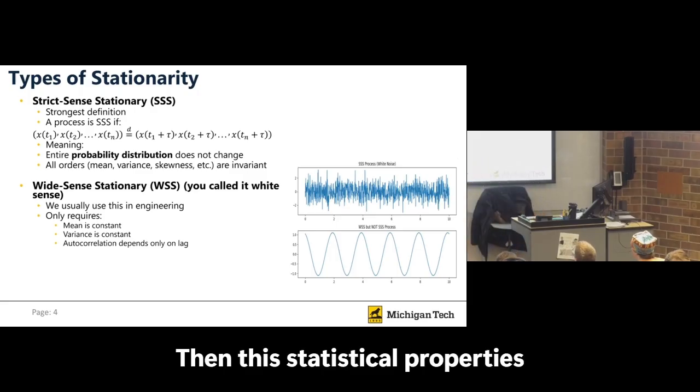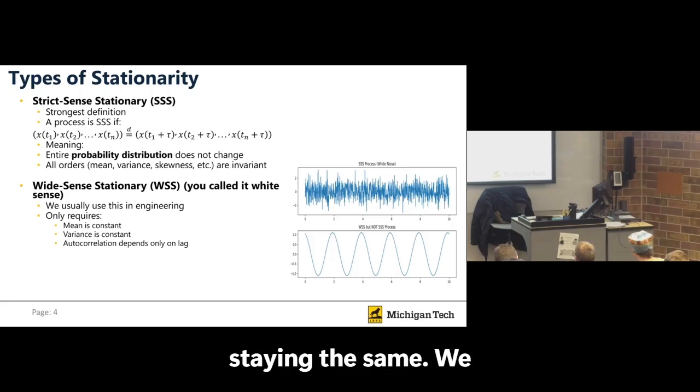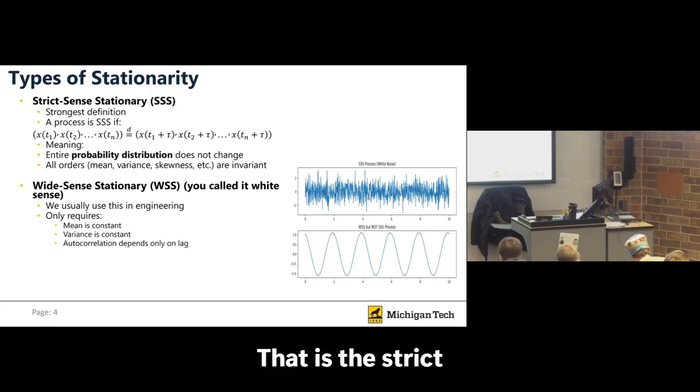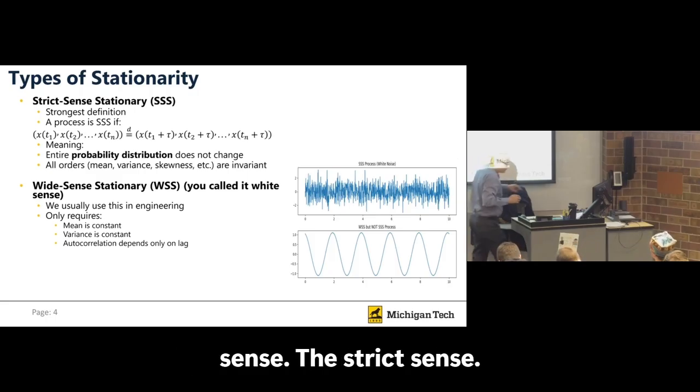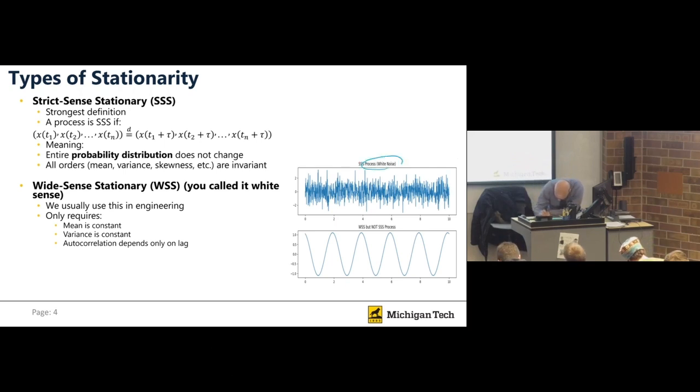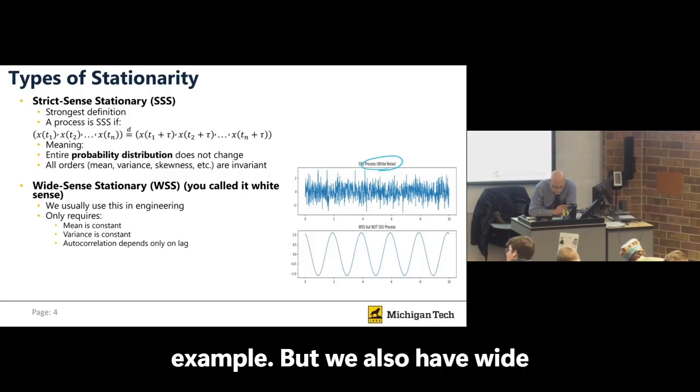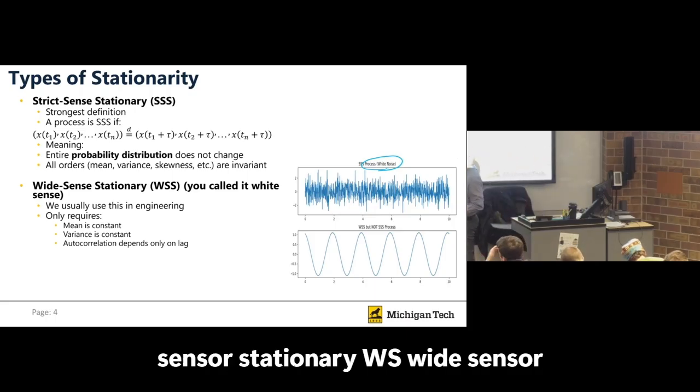When these statistical properties stay the same, we can consider all of these characteristics staying the same. That is the strict sense. The strict sense happens for white noise, or white Gaussian noise, for example. But we also have wide sense stationary, WSS.